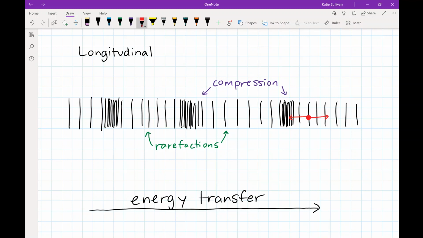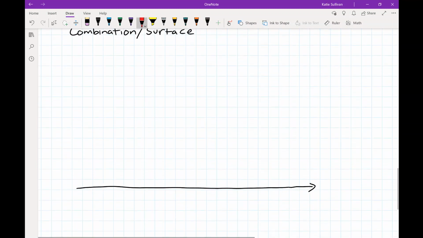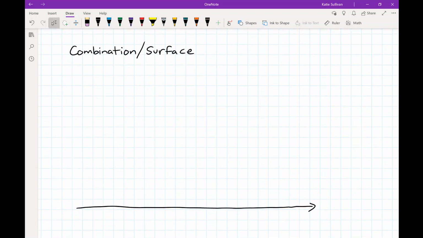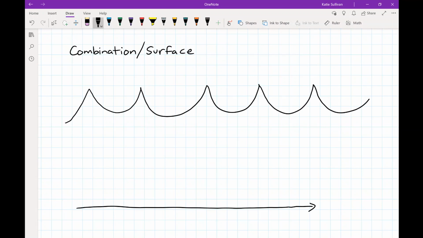The last type that we have are called combination waves, and sometimes they're also referred to as surface waves. Your textbook calls them surface waves, and the simulation that we're going to go to also calls them surface waves. But the way that I like to draw those looks a lot like a wave at the surface of the ocean, the way we learned how to draw waves when we were really little and starting to color and draw things.